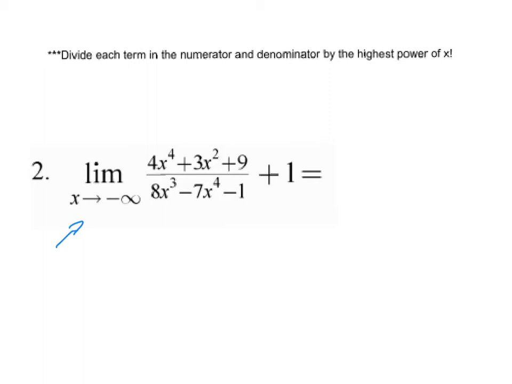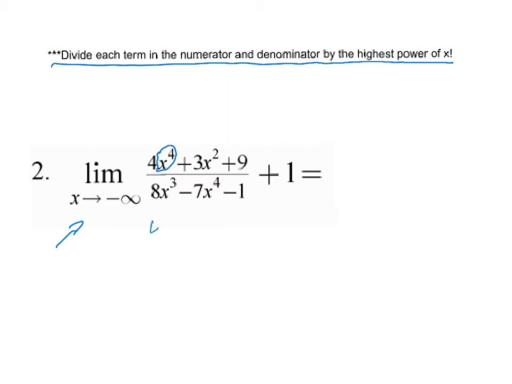So what we can do is divide each term in the numerator and denominator by the highest power of x. What I mean is we're going to divide every term, since x to the 4th has the highest degree, by x to the 4th.